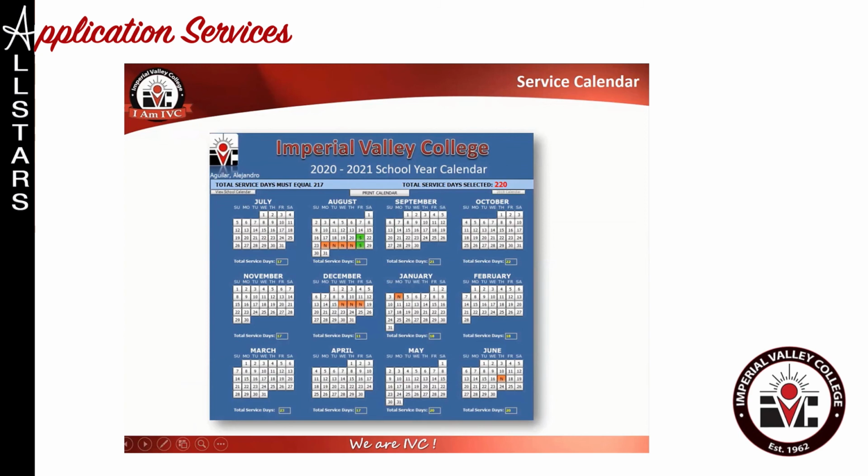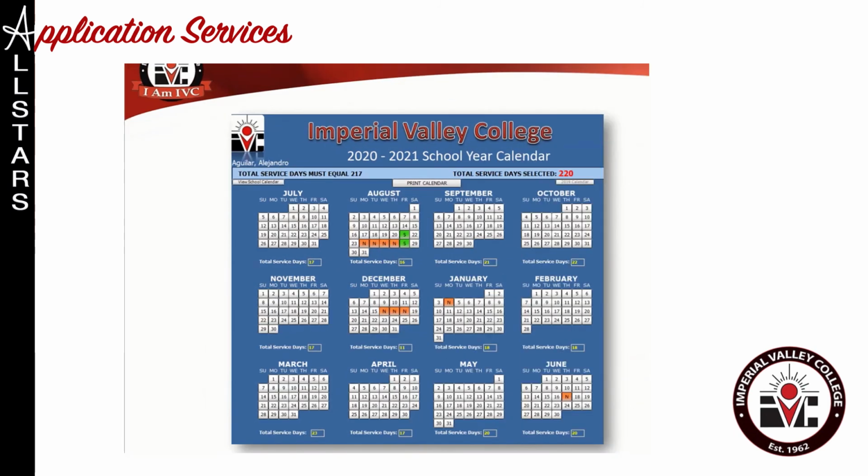So for admins and managers, by contract, you have to work a certain amount of days during the calendar year, and you have to fill a service calendar. So we built this interactive calendar to make it easy for you to fill out the calendar, modify it, get it approved.